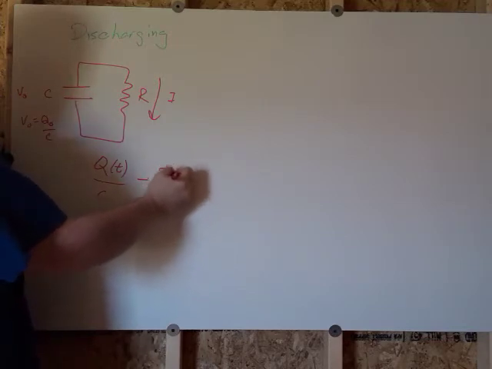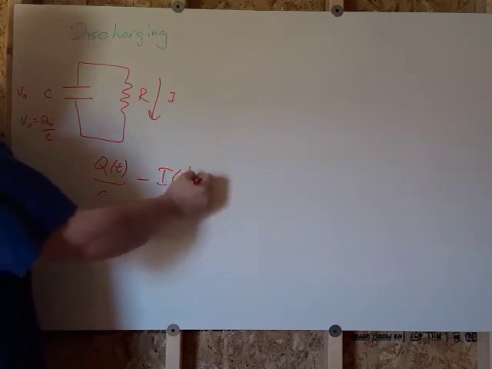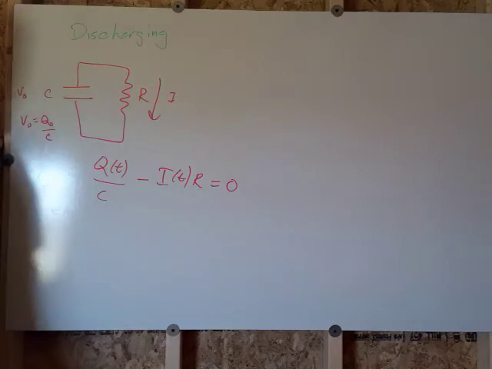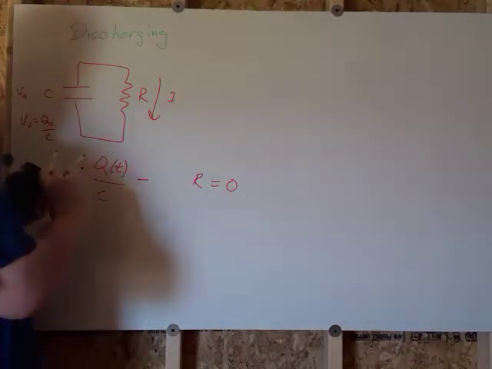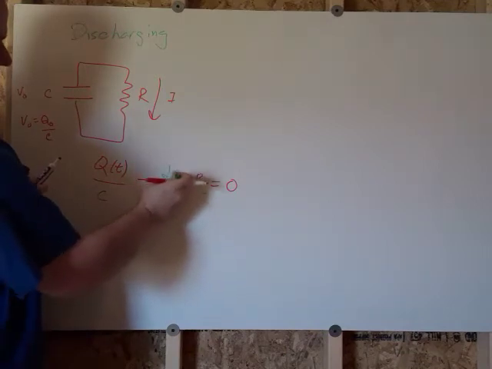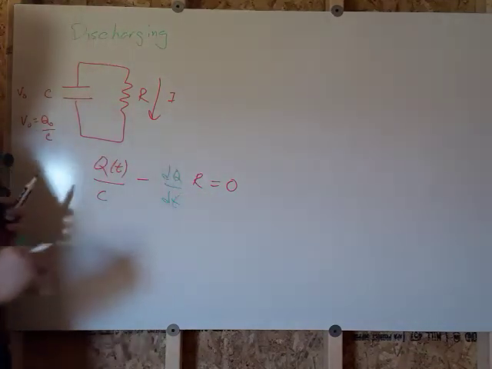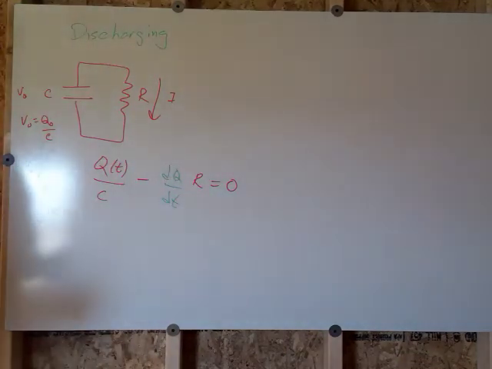So I of t times R. That's my Kirchhoff's law. But this I is really dq over dt. So that lets us solve things nice and neat.